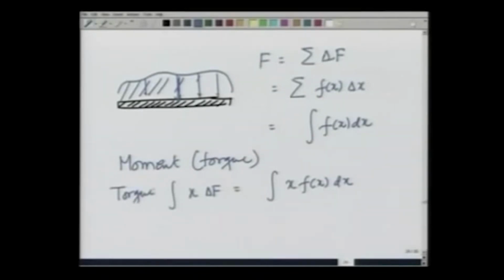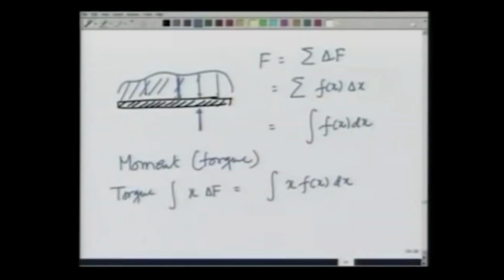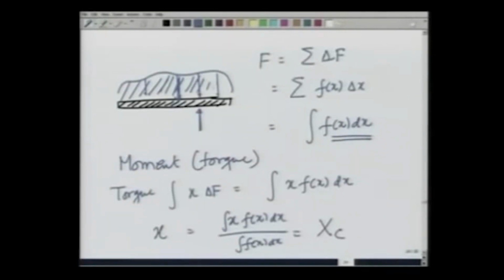If I want to apply an opposing torque with a point force, that force has to be equal to the net force being applied, which is the area of this curve, and it has to be at a point x, which is the integration of x f(x) dx divided by the integration of f(x) dx, which is nothing but the centroid of this curve that describes force per unit length.